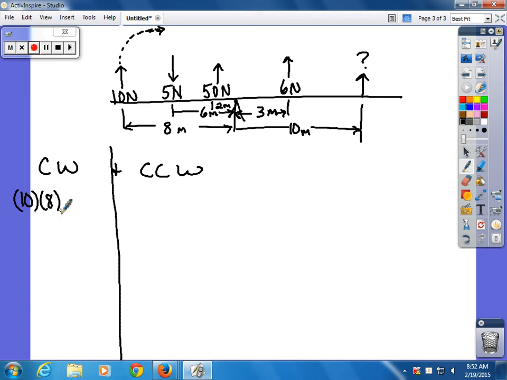Now which way is this one going? Counterclockwise. So that would be 5 times 6. Okay, let me just do this. This might help you.